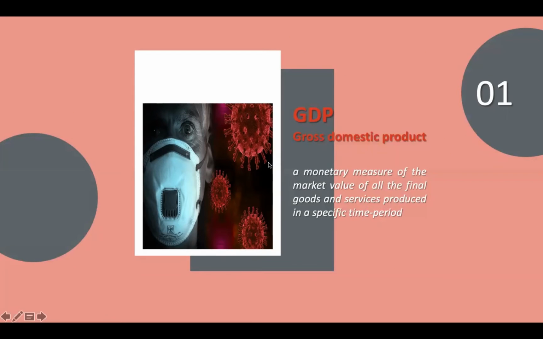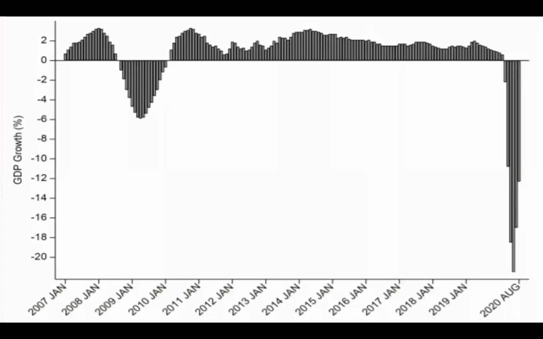You know, GDP is a monetary measure of the market values of all the final goods and services produced in a specific time period. And let's go to the first one, which is gross domestic product growth in the UK from January 2007 to August 2020.